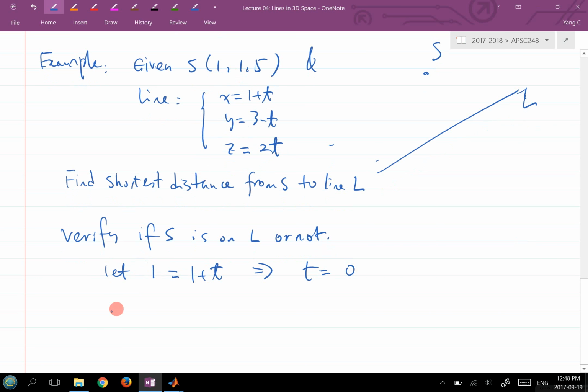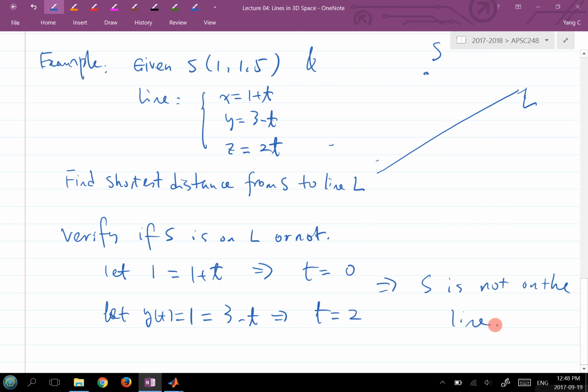And then if I let the y, 1 equal 3 - t, we end up with t equal to 2, right? So obviously you don't have to proceed anymore. You need two different t values in order to get the x, y coordinates. So that basically tells you S is not on the line.